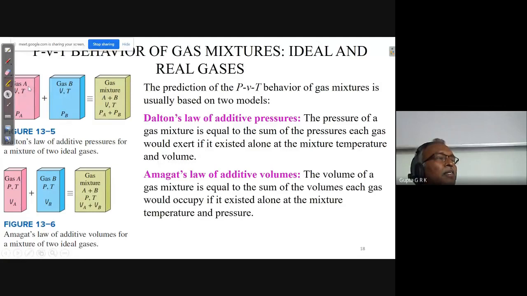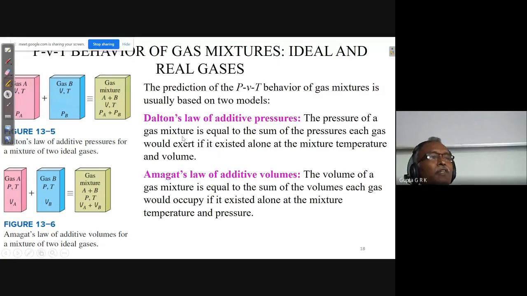Suppose I have gases at different pressures, but the same volume and temperature. Gas A at V and T, but PA is the pressure, and gas B at the same volume and temperature, but at a different pressure PB. If I combine them at the same volume and temperature, the pressure will be the total pressure PA plus PB.